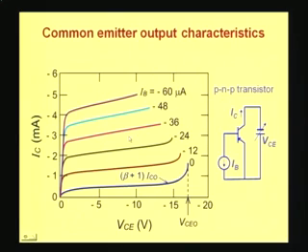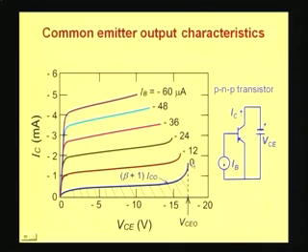Now let us define the various regions of the transistor operation on this particular graph, on the output characteristics. This particular area that is hatched corresponds to the region below the characteristics for 0 base current.